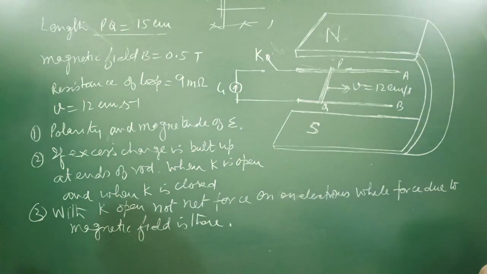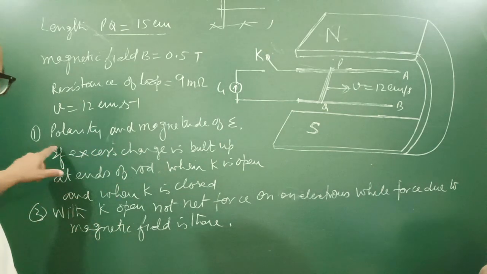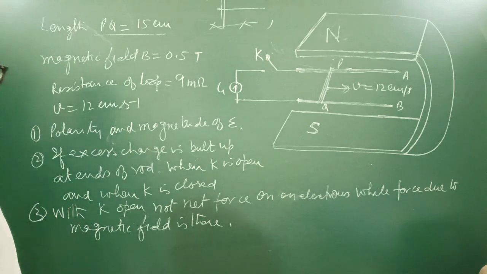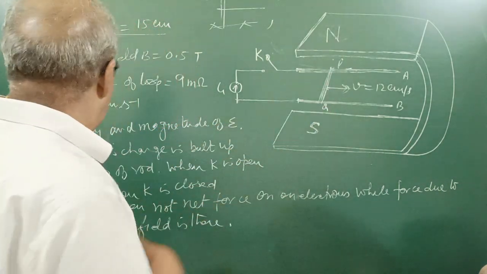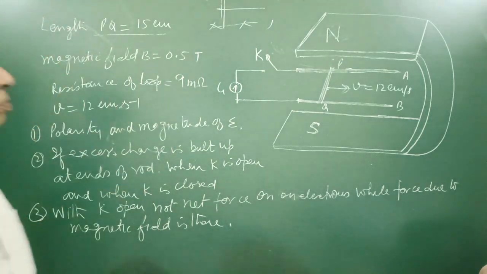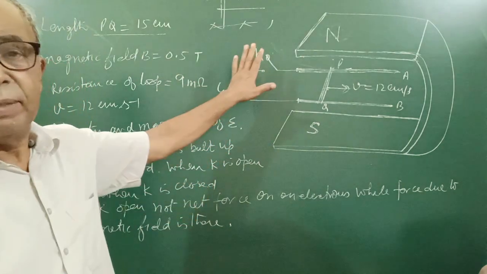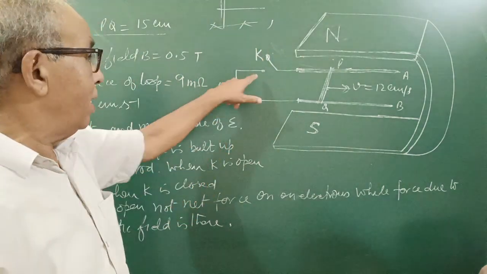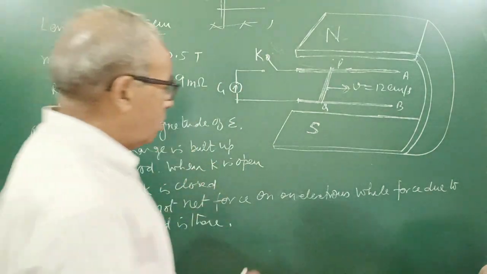Then you are asked to give the polarity and magnitude of the induced EMF when the key K is open, or closed, whatsoever it may be. This is a galvanometer here. So that is simple.